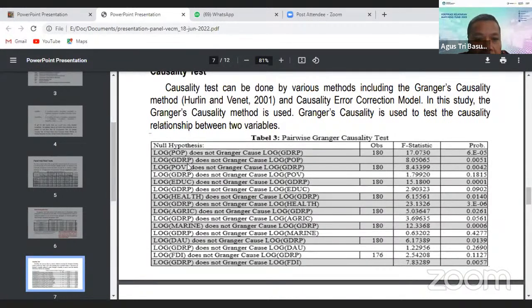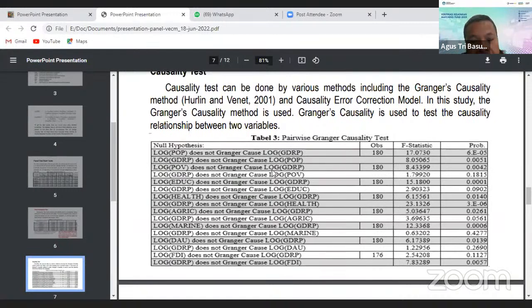So population and GDRP are intercorrelated. You can see all the Granger causality tests; many are significant. Only poverty and GDRP differ: GDRP can affect poverty, but poverty does not affect GDRP.